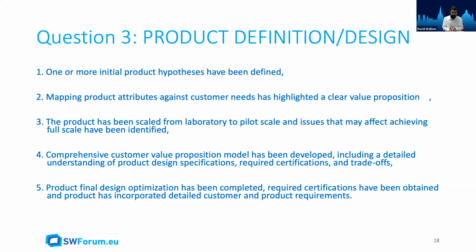The next 3 answers are about increasing scaling: scaled from laboratory to pilot, comprehensive value proposition model developed, understanding design specifications, certifications, etc. And then all the way through to having a complete final product design optimized with feedback from potential customers, etc., i.e. that we really understand it and can take this straight to constructing a product that is going to have some success in the market.